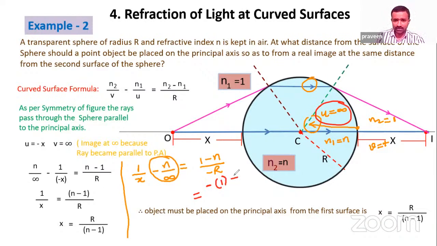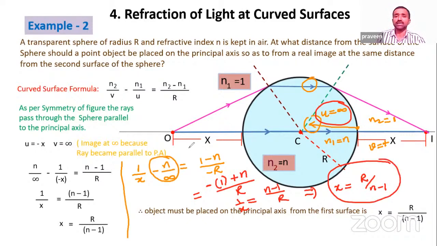Minus 1 and plus N by R, which will be written as N minus 1 by R. So this is 1 by X equal to N minus 1 by R. Writing the reciprocal, X is equal to R by N minus 1. So we got the same result using the second surface.